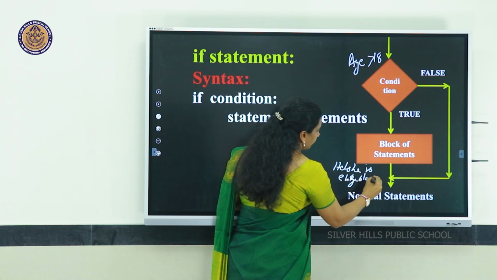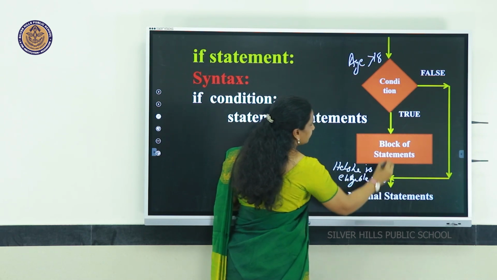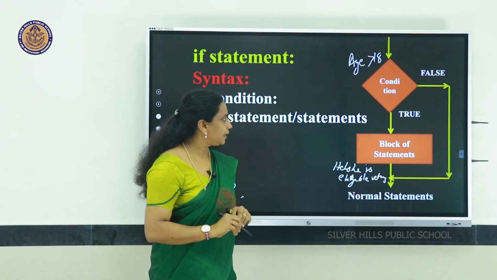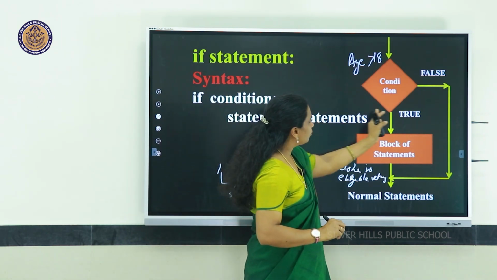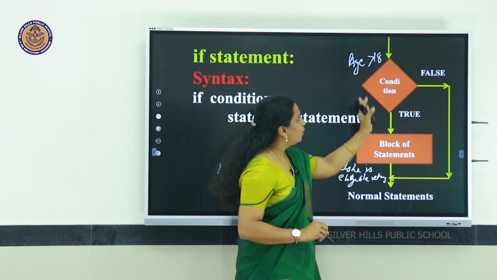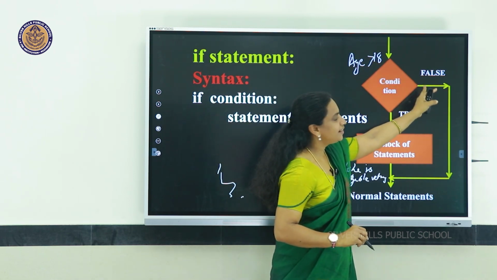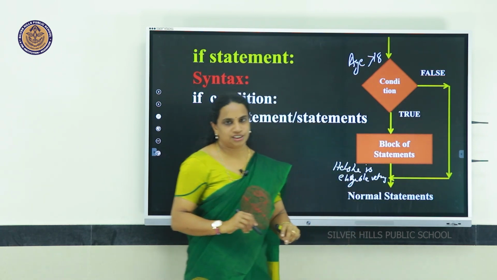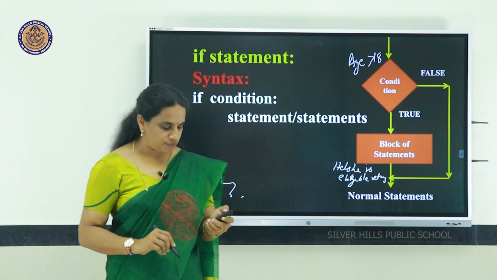Otherwise, nothing. We are not considering the else part here. That is why, after execution of this block of statements, or if the condition fails initially, the normal statements are executed. We will see one example for this.